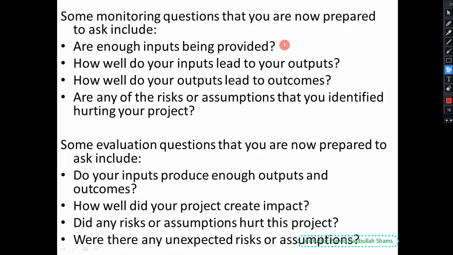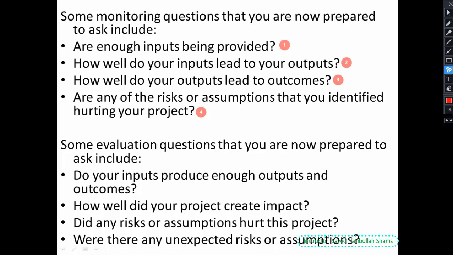And the third question is: how will your outputs lead to outcomes, or to any of the risks and assumptions that you identified during your project? So these are the questions that we must understand when we prepare a monitoring and evaluation plan, and these questions are asked in monitoring.